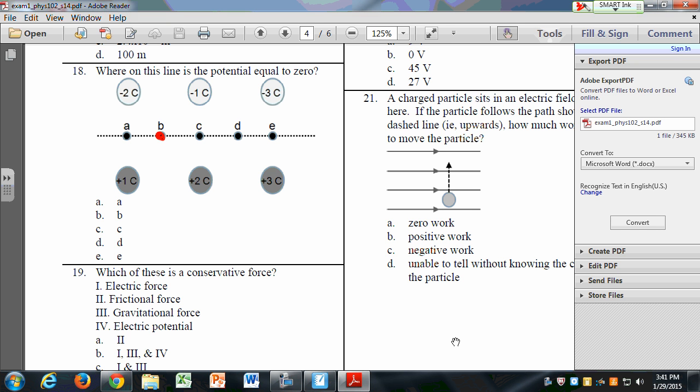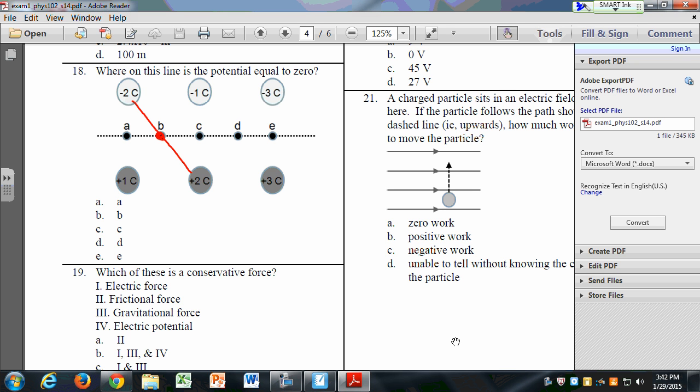It turns out that B is the right answer. This point is a certain distance from that charge that is equal to the distance from that charge. So the potentials of those two charges will cancel out because R is the same and Q is the same but opposite. One has a positive potential and one has a negative potential.